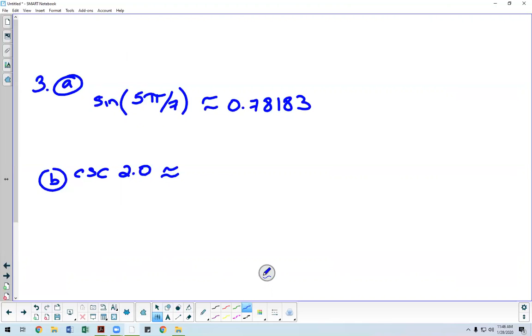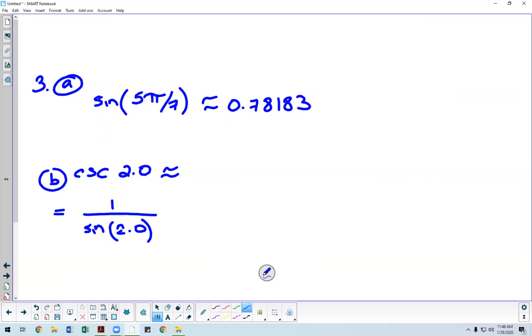Isn't that what you really did when you did that? Remember, this is the reciprocal function for sine. So what if you type this in? What do you get? Yes, 1.099. Isn't that what you had?